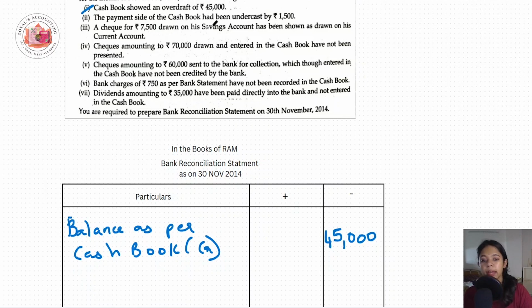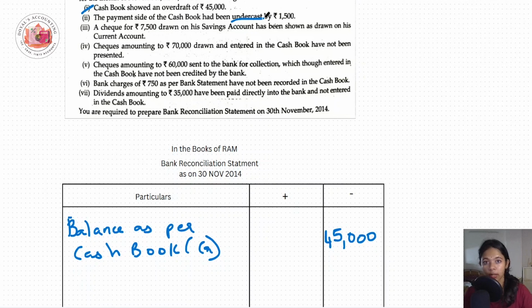The payment side of the cash book has been undercast by Rs 1500. Undercast. So what does the word undercast mean? Basically casting means totaling. So whenever we are casting an account, it means that we are calculating the total of the account. Now what happened in this transaction?